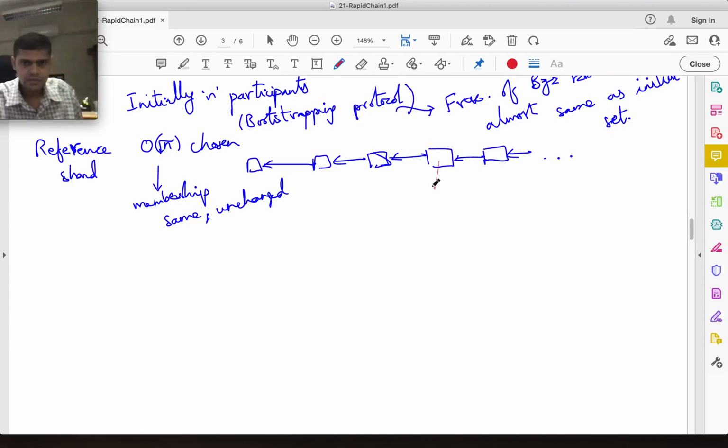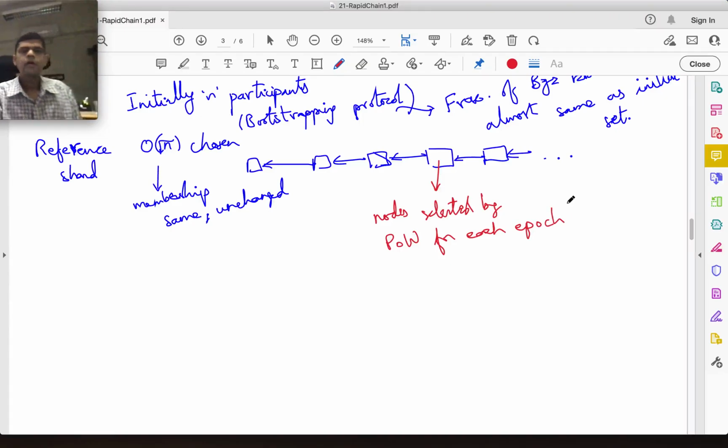So the information would be the nodes selected by proof of work for each epoch. Okay, so this is sort of like the registry that we had in mitosis.